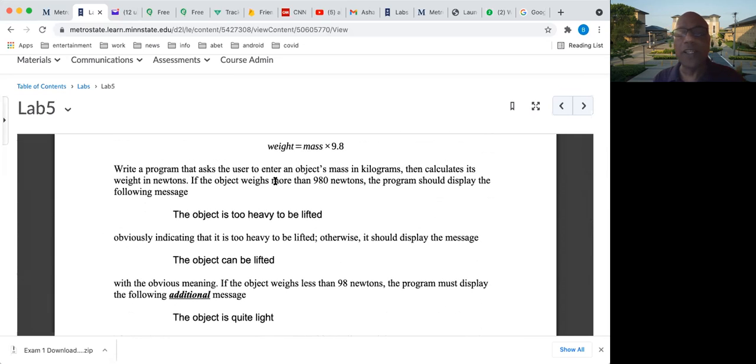If the object weighs more than 980 newtons, ideally you must check for exactly 980 newtons. With 980, would it display this or this? So that is what is called a boundary condition.